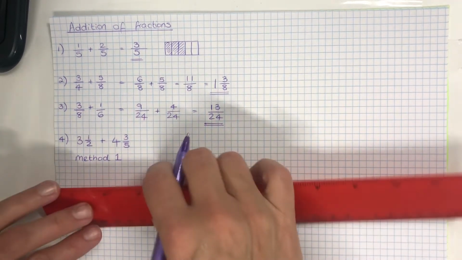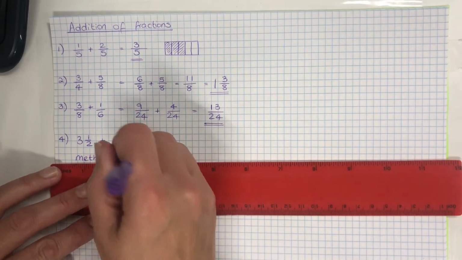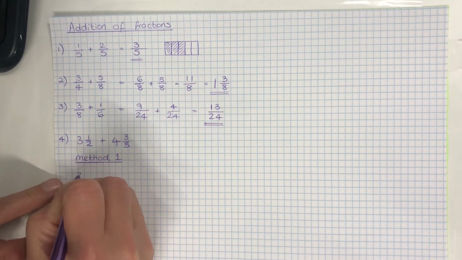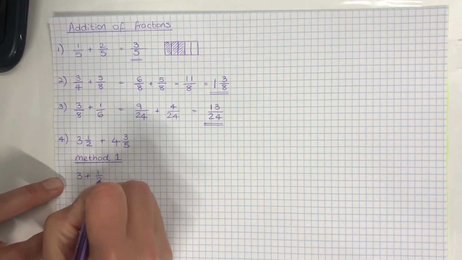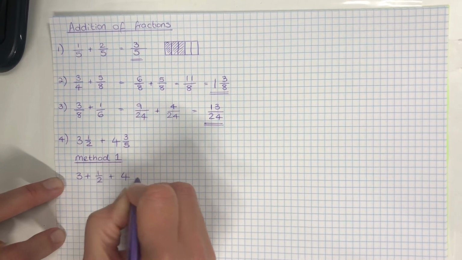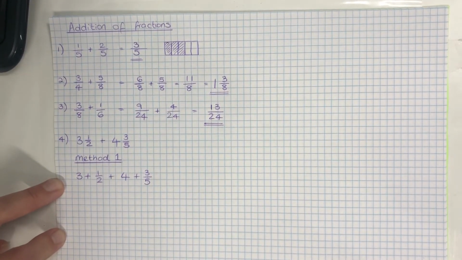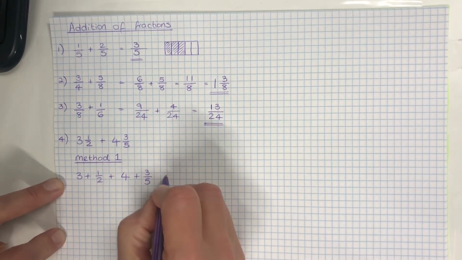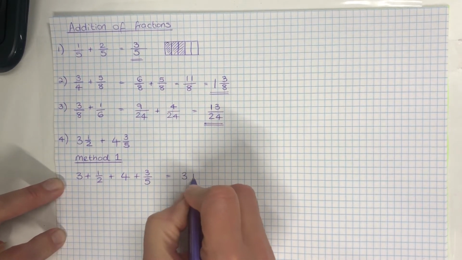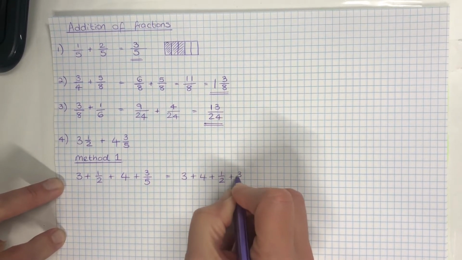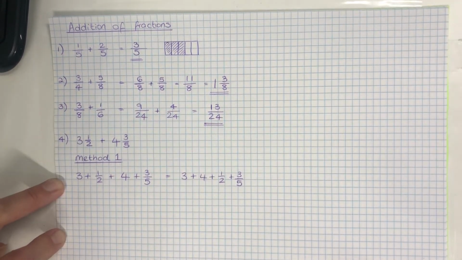This doesn't always work for subtraction. So method 1 is I'm just going to rewrite this as 3 plus 1/2 plus 4 plus 3/5. Okay, I know that addition is commutative, so I can change the order. So I can write this as 3 plus 4 plus 1/2 plus 3 fifths.